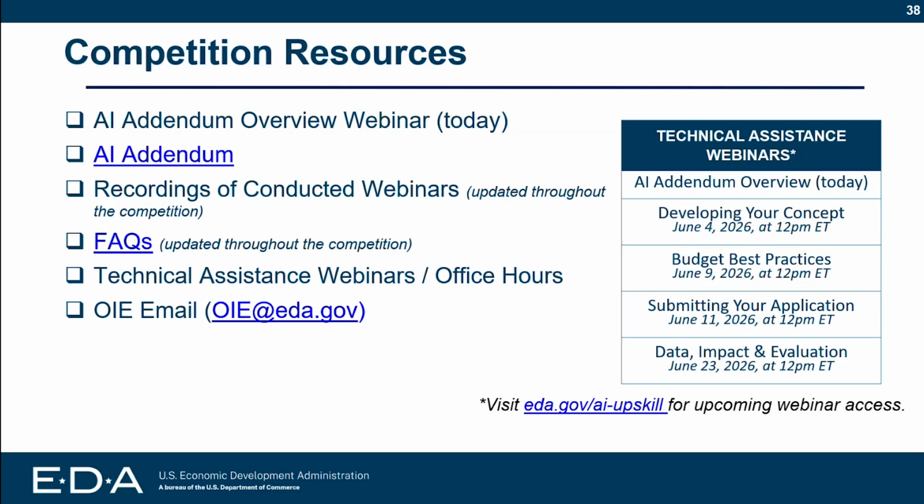I know within that overall notice, it says that applications are accepted on a rolling basis, but the AI addendum has its own submission timeline, and it does have a deadline of July 10th at 4:59 p.m.